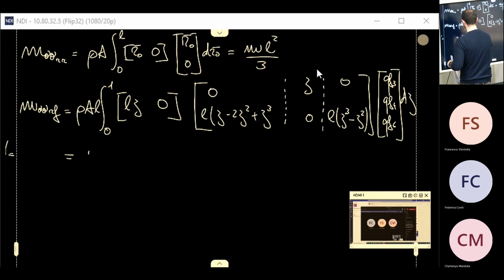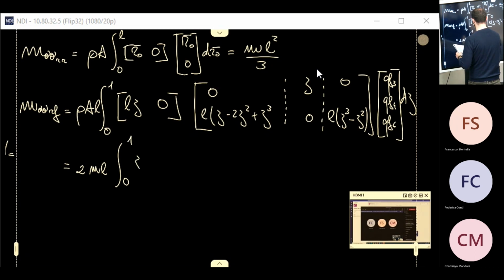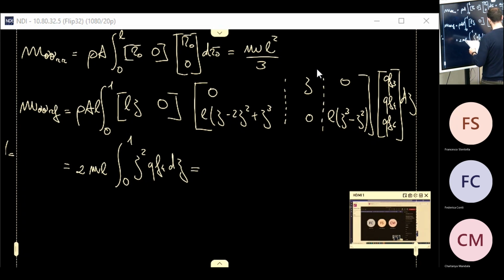And this, if you do, C squared QF4 C, okay.